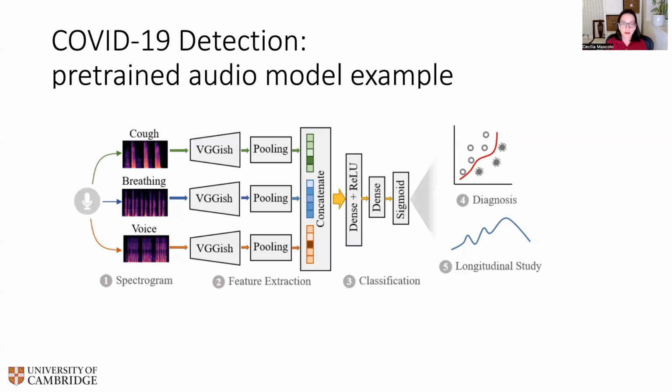So if you're home with COVID and your voice is getting better, or your speaking, coughing or breathing features are getting better, then you would know that you're recovering, even before perhaps you feel the symptoms improving. There might be something in your respiratory tract that talks before you realize that. So that's the general idea of this sort of tools.